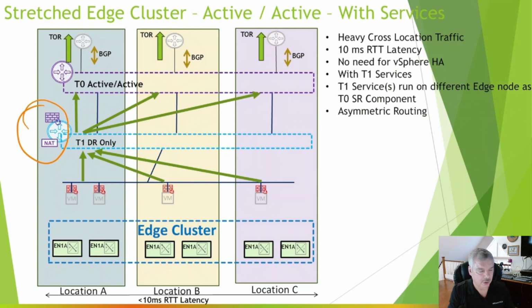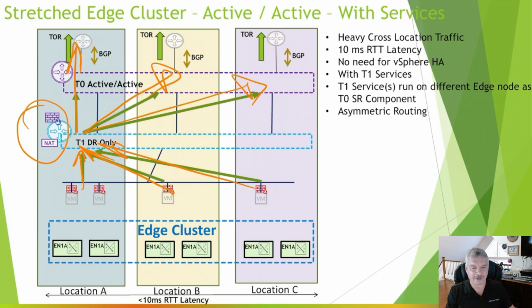So in this case, all our VMs have to go to that SR for the tier 1 service, running on an edge node. Then that edge node needs to send it out to the tier 0 DR component, which will be on that edge node. Then it's got to go out to the SR component of that tier 0 gateway. So at that point, it could go out the same host or across different locations.